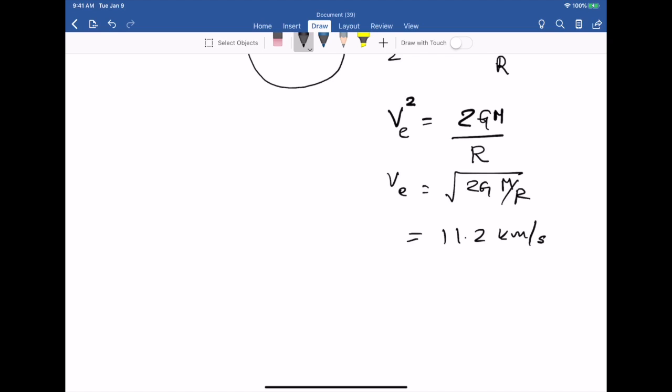So 11,200 meters per second is approximately 25,000 or something like that miles per hour. So that is the speed at which you need to launch something in order for it to escape the Earth's gravity. So any spacecraft that leaves the Earth and visits other planets at some point has to get to the escape velocity, right? All right, so that is escape velocity.